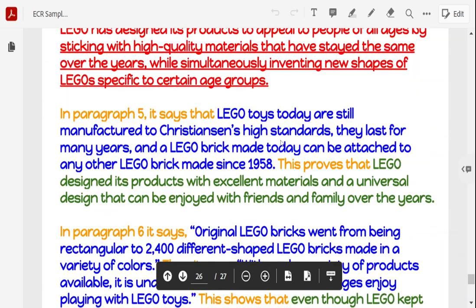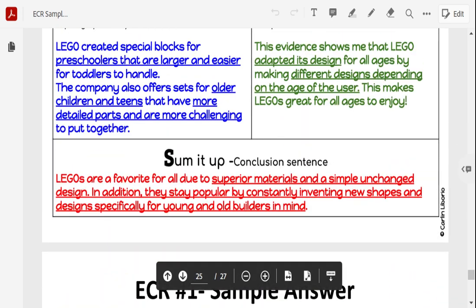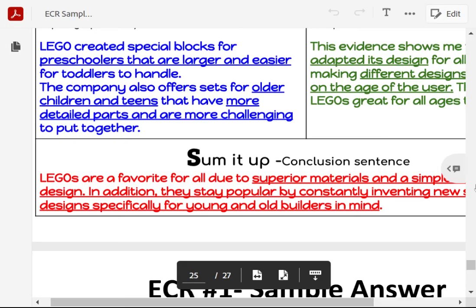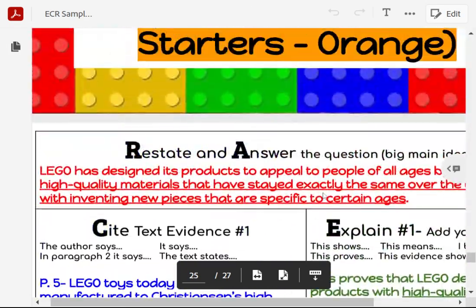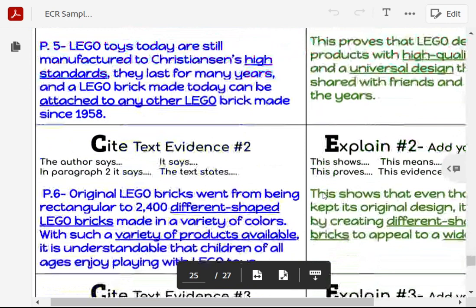I said simple, unchanged design. And then I broke this into two sentences. In addition, they stay popular by constantly inventing new shapes and designs specifically for young and old builders in mind. Okay, so see how that's slightly different from the RA, but it's kind of the same.